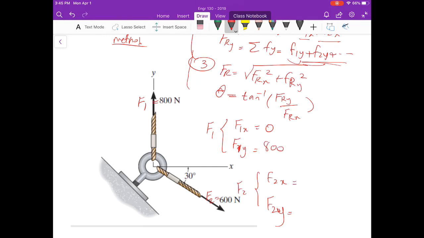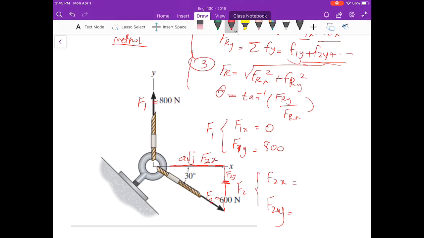For F2, the force is neither on the x-axis nor the y-axis; it's somewhere in between. As we discussed in the trigonometry chapter, we want to find how much the opposite is and how much the adjacent is. The adjacent is F2x, and the opposite is F2y.